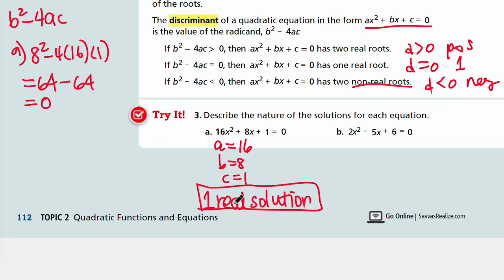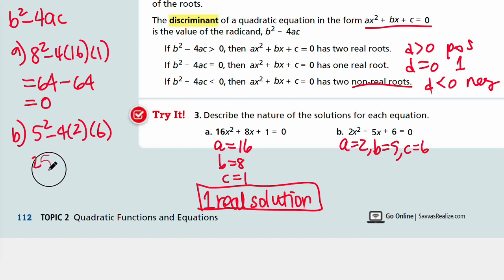And that's it. You just have to write how many solutions and what type of solution you have for this problem. Part B, do the same thing. A is 2, B is 5, C is 6. So B squared minus 4AC would be 5 squared minus 4AC.